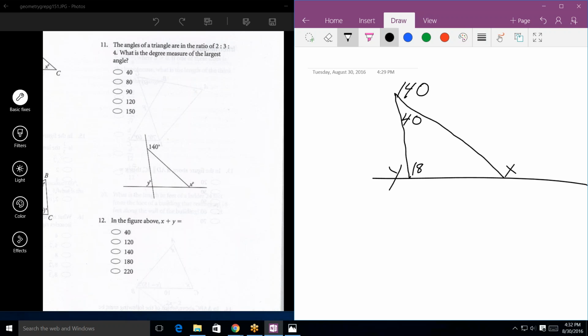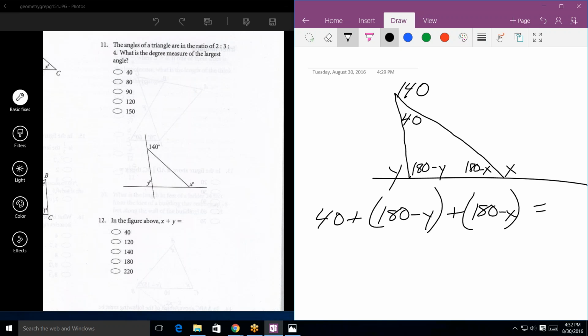This angle has to equal 180 minus y, and the other has to equal 180 minus x. And now I can say 40 plus 180 minus y plus 180 minus x equals 180.